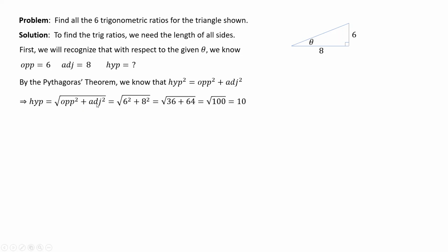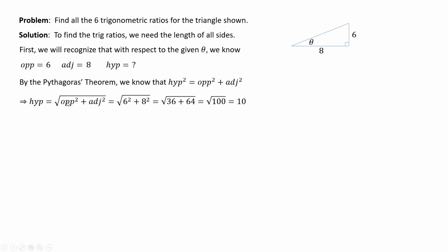But I didn't write the negative because we know that the length of this segment is not going to be negative. So that's why I ignored the negative and simply took the positive square root of opposite square plus adjacent square.